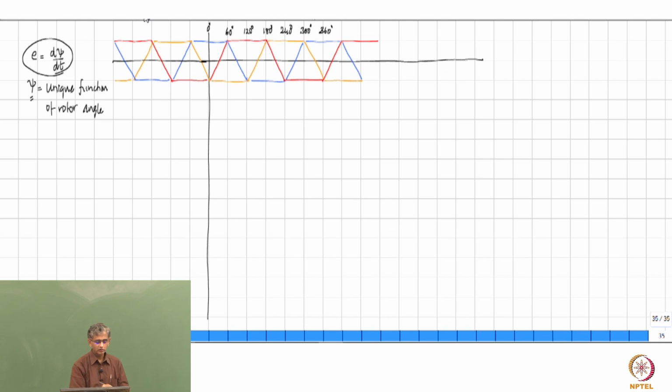So, if you draw the flux linkage for the R phase, red one, in this interval, from 60 to 180 degrees, the induced EMF is flat. That means that induced EMF is given by the derivative of the flux linkage function, which means that the flux linkage function should be of nature that is increasing in a linear manner, right?